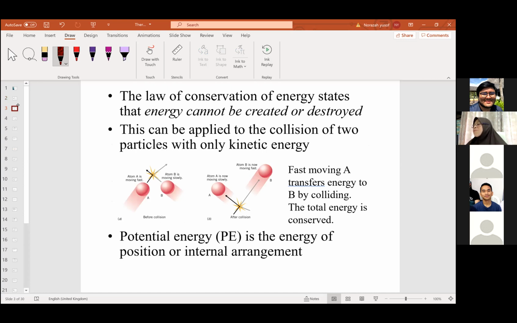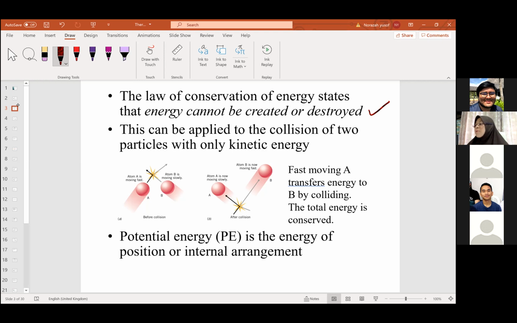The first law of thermodynamics is very famous: energy cannot be created or destroyed, but it can be converted from one form to another. It is called the law of conservation of energy.